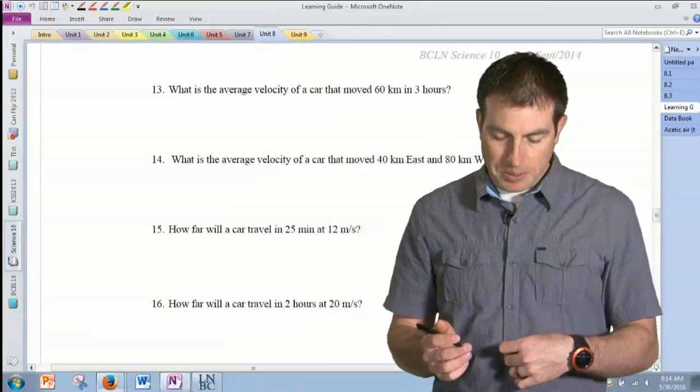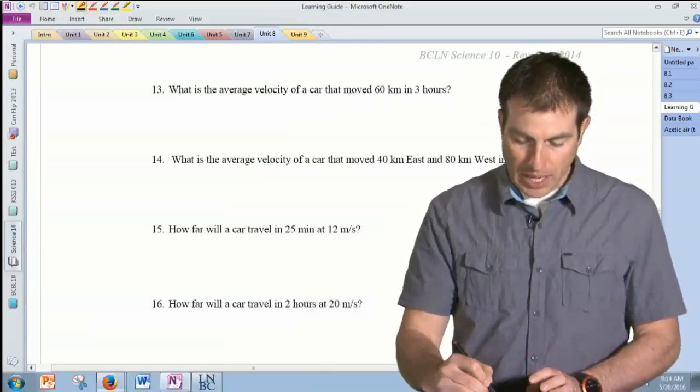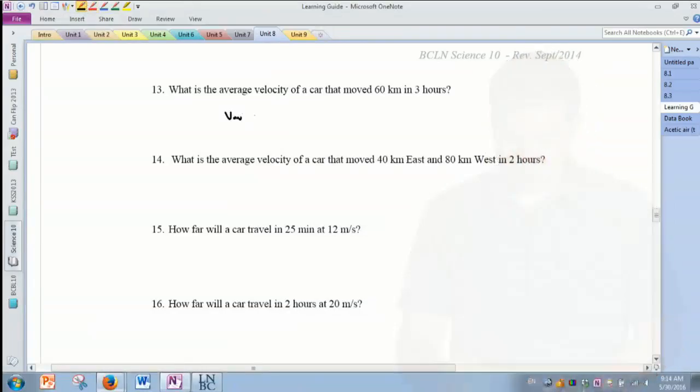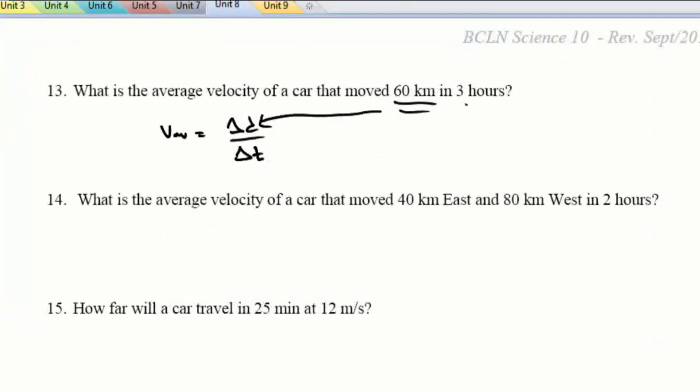So the average velocity formula is on the back of your data booklet. So V_av, the average velocity, is your change in position over your change in time. And your change in position is 60 kilometers. So that goes on the top here. And then 3 hours goes on the bottom. So 60 divided by 3 is going to end up with 20 kilometers per hour.